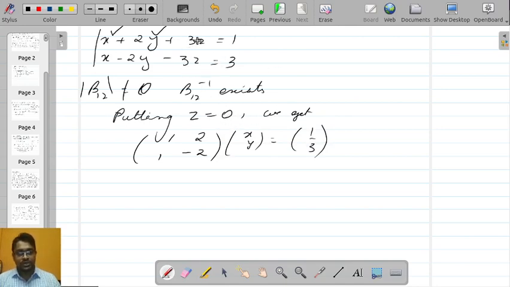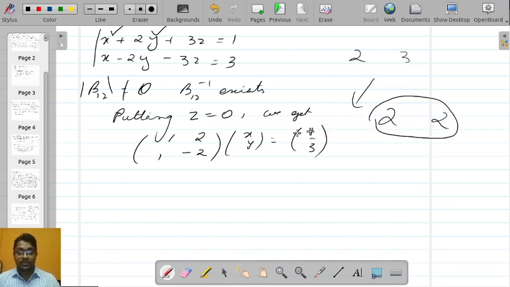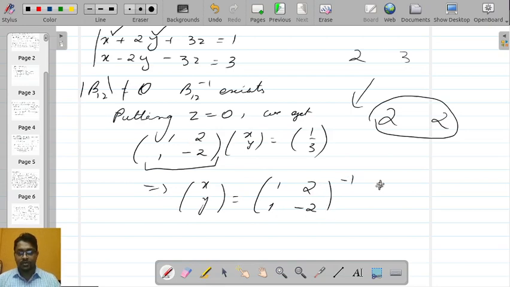We have reduced this system of 2 equations in 3 unknowns to a system of 2 equations in 2 unknowns, where the reduced system has a unique solution because B12 is invertible. This implies (x, y) is equal to [1 2; 1 -2] inverse multiplied with (1, 3). So we have to find the inverse of this matrix.